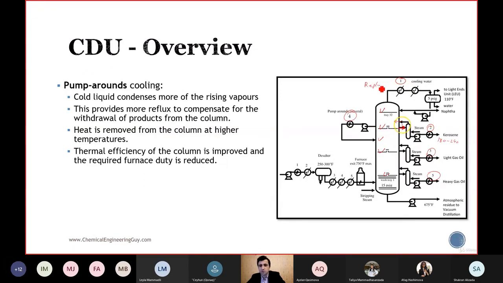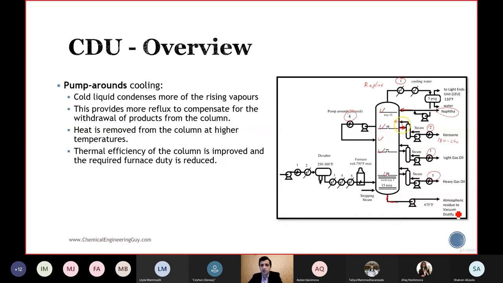So you cool the naphtha, and then some of it leaves as a product, and the rest is sent to the top of the column to control the temperature there. And the same applies to pump around 4 and 5. And at the bottom, as you can see, we don't have a reboiler here. Atmospheric residue is directly sent to vacuum distillation.